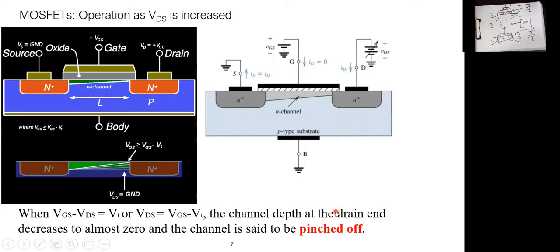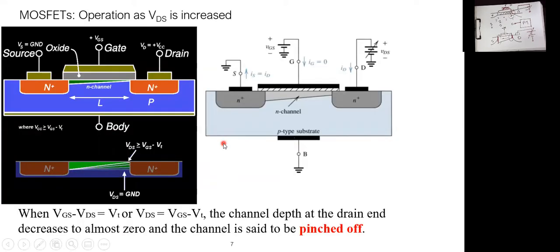The pinch-off point, corresponding to what we call the VDS sat, is the point at which the channel vanishes at the channel-drain interface.